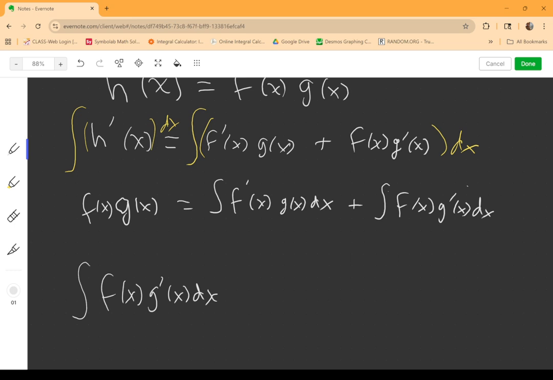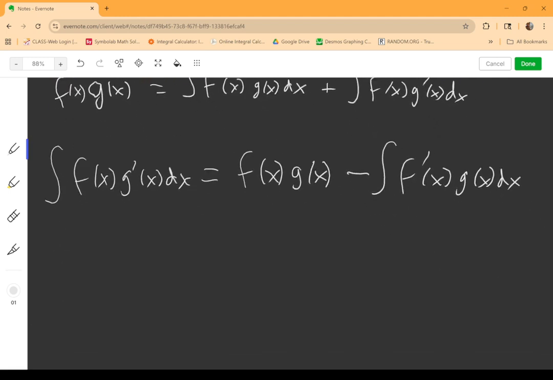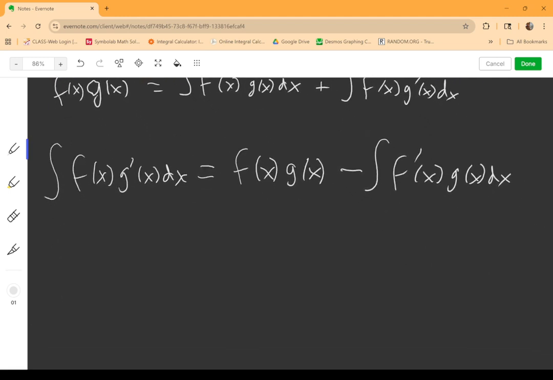I just chose this particular one. If I solve for this, then my formula becomes f of x g of x minus the integral of f prime of x g of x dx. This is essentially my formula for integration by parts.